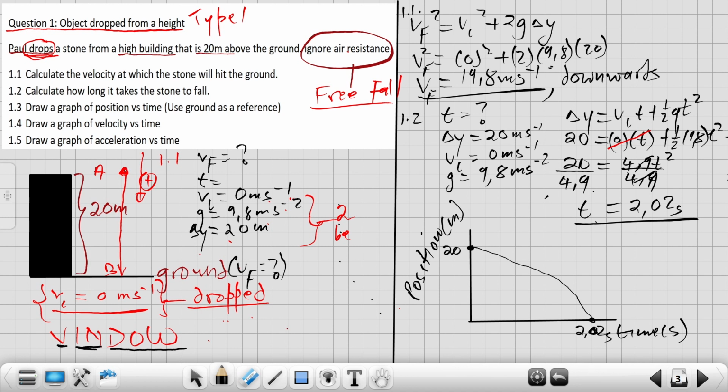So we started with 0 here, which was v initial. But now v final, we found as something like 19.8 meters per second.